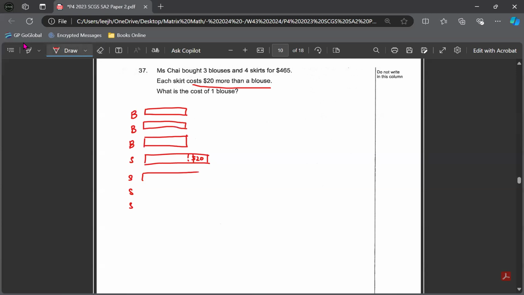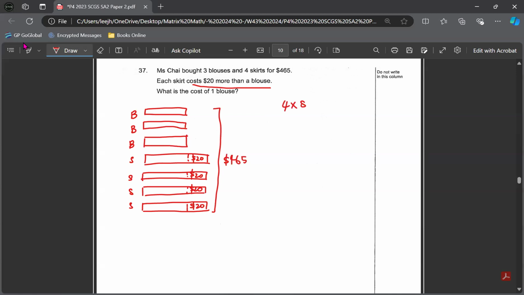So the skirt follows the skirt model that you draw. Okay, so every skirt has $20 more. 20, 20. Total 465. So you have 4 groups of 20. So 4 times 20, 80.